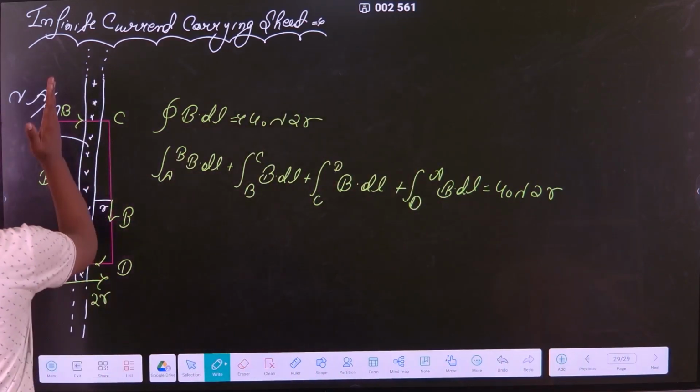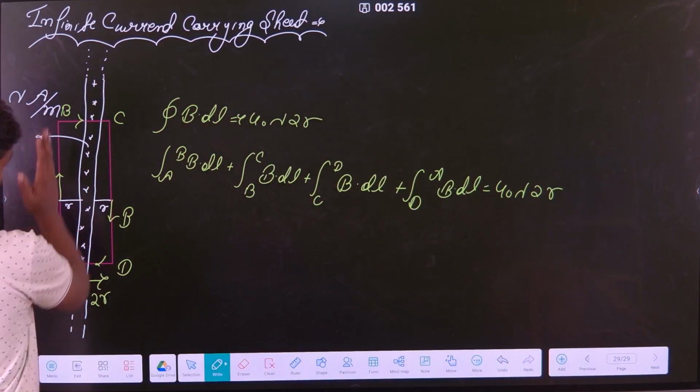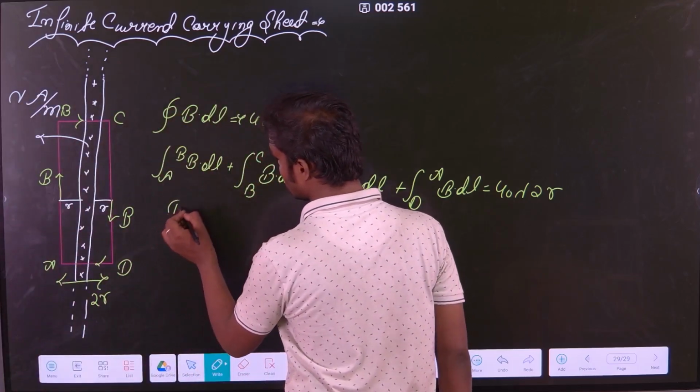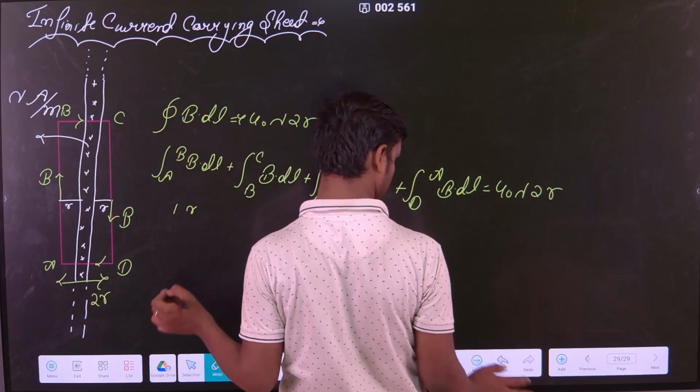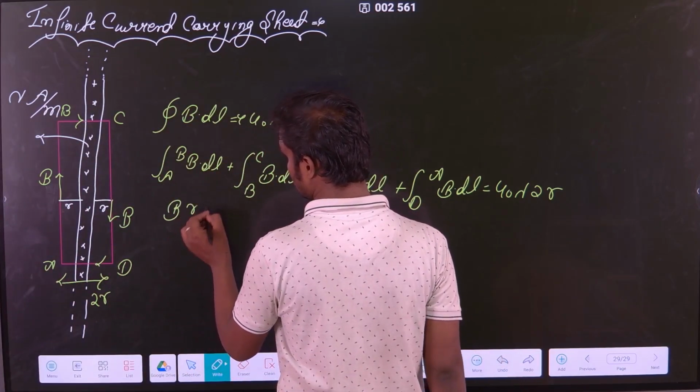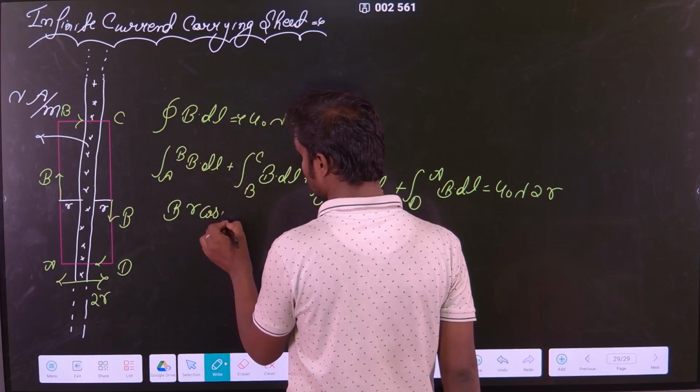So the magnetic field in this direction, dl vector is also in this direction, it will become 3 times r into cos 0. Cos 0 is there, no issue.